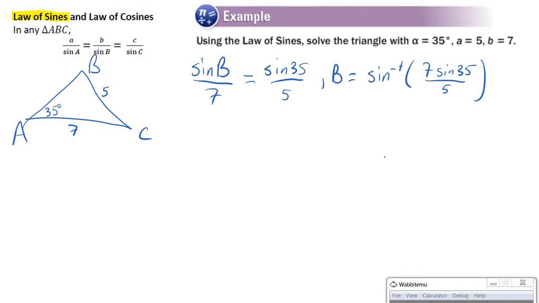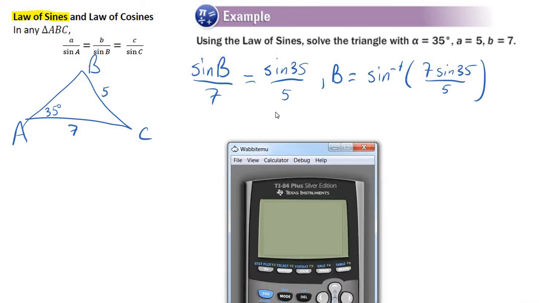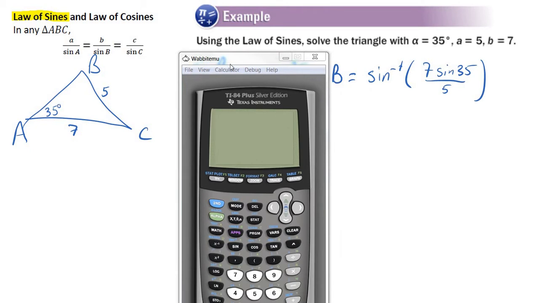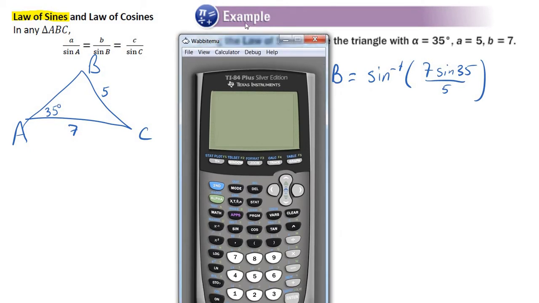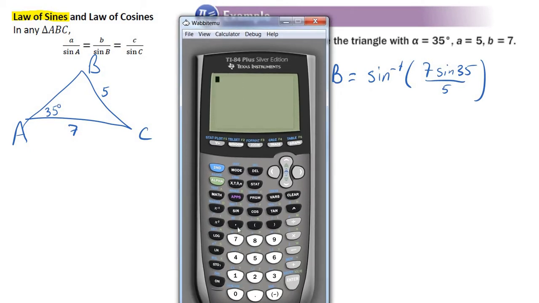Okay, so let's go plug that in our calculator. Let me bring my calculator up here. And so we want to go ahead and do the arc sine, and you don't have to plug this all in at once. You could just get this number and then do it. I'll go ahead and just do this since I already put it in. So 7 sine of 35 divided by 5.